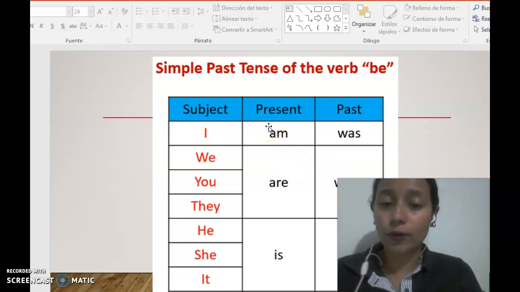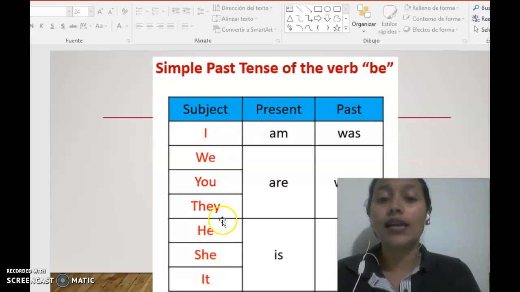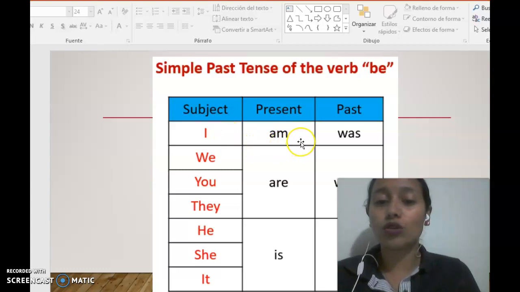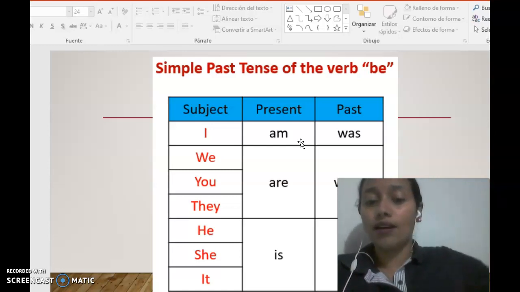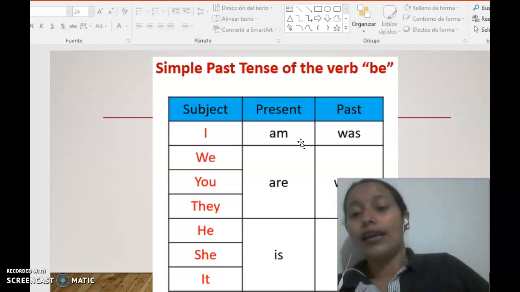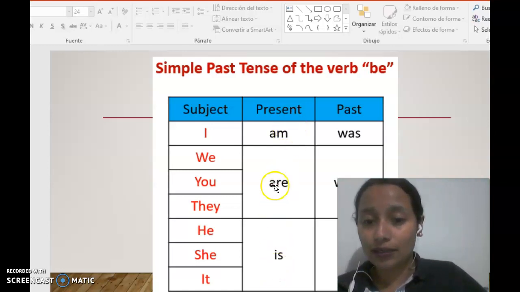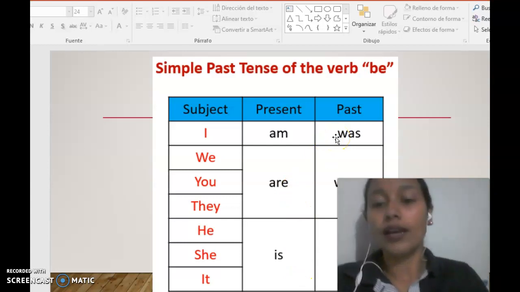En español. Recuerden que tenemos el verbo to be y que cada pronombre tiene su conjugación. En este caso, aquí estamos recordando el verbo to be en presente. Aquí están pues conjugados los sujetos con su respectivo verbo. El primero que es I am. El segundo que es we are, you are, they are, he is, she is, it is. Eso ustedes ya lo tienen más que claro. Entonces, para hacer que este presente lo utilicemos en pasado, tenemos aquí el listado de cómo utilizarlo.